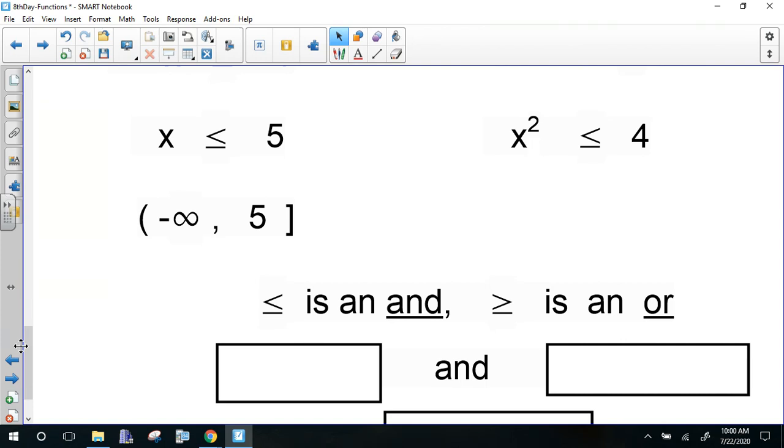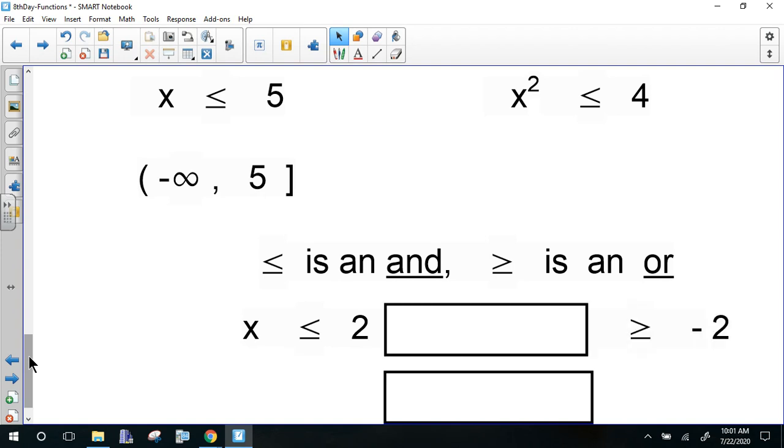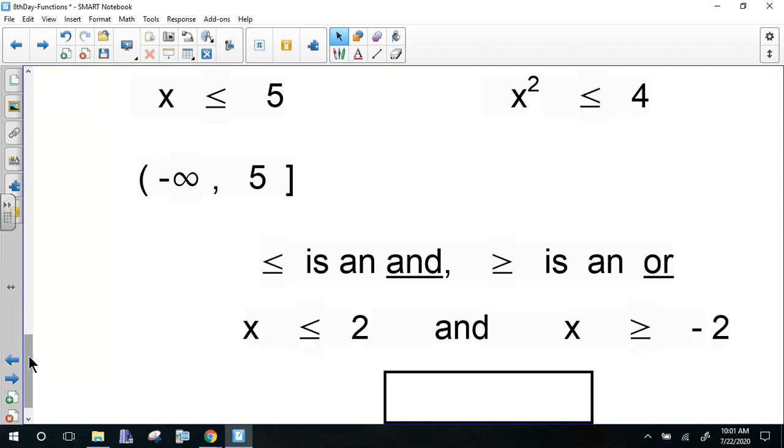how many answers will I get? Well, going back to previous math class, less than or equal to is an and, greater than or equal to is an or. I'll have x is less than or equal to 2, and x is greater than or equal to negative 2.